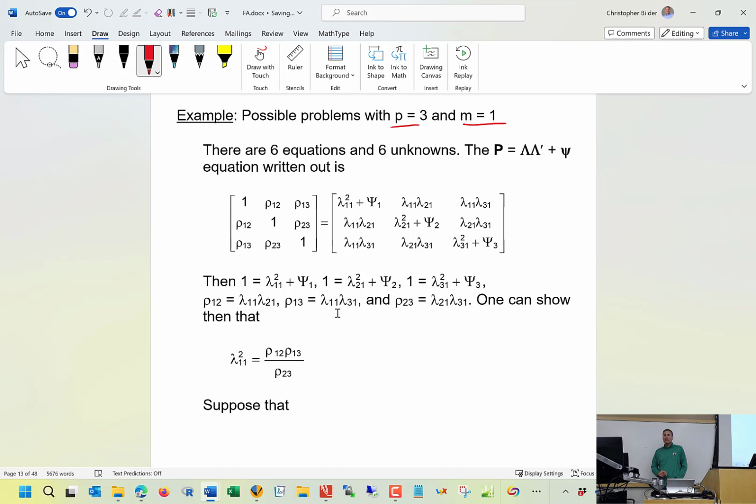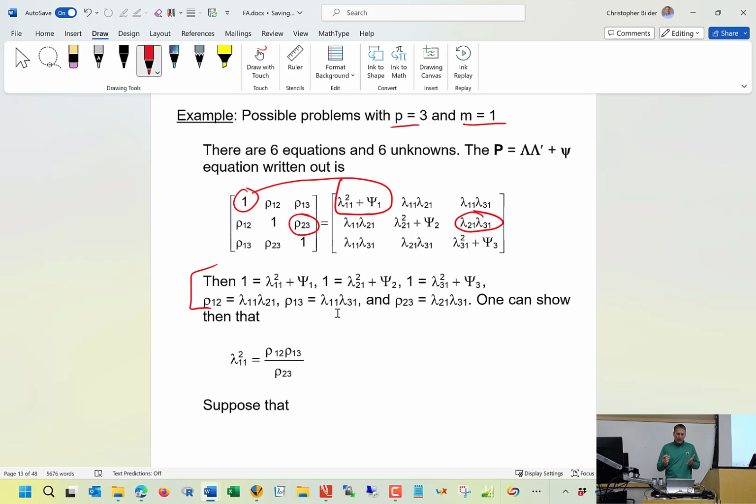This corresponds to a situation where you have 6 equations and 6 unknowns. Hey, that's great. And so here I just wrote out the corresponding matrix. So again, what that means is that 1 is equal to this, row 2, 3 is equal to this. I write out 6 equations, and that's what I actually did here.